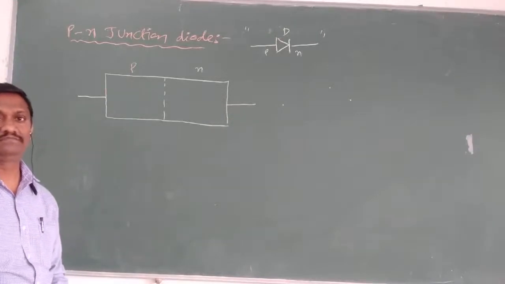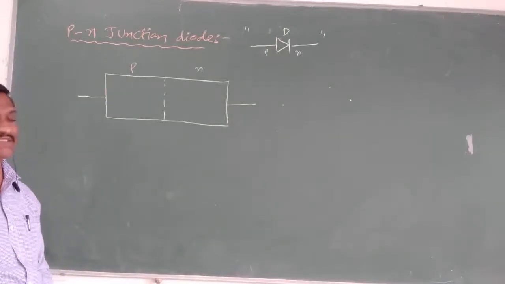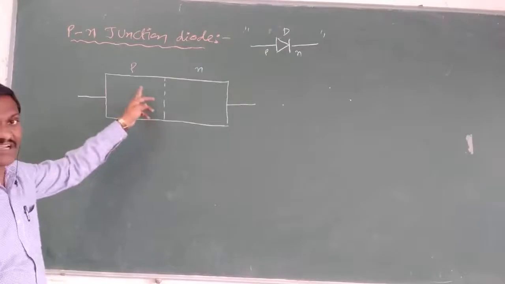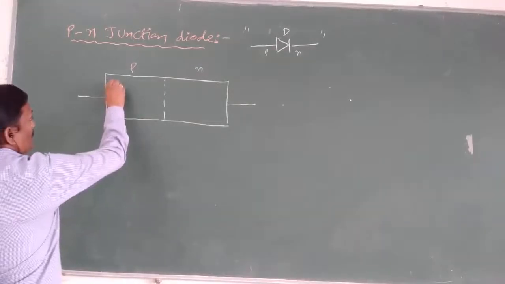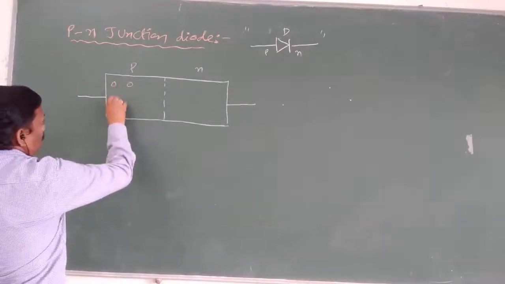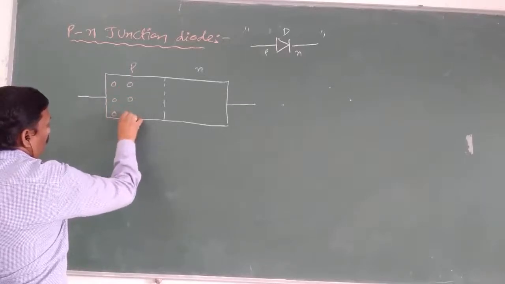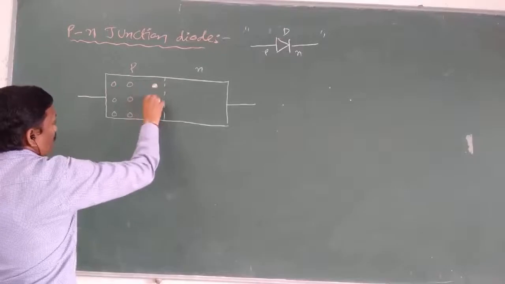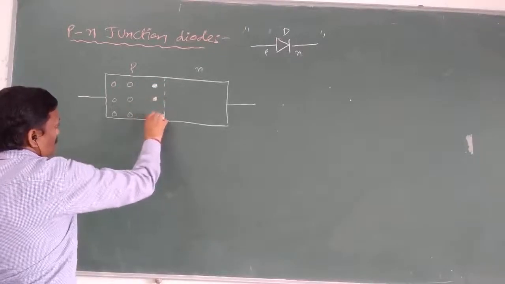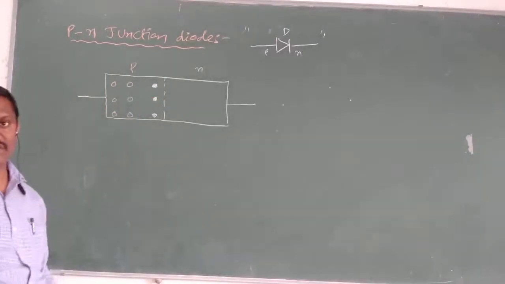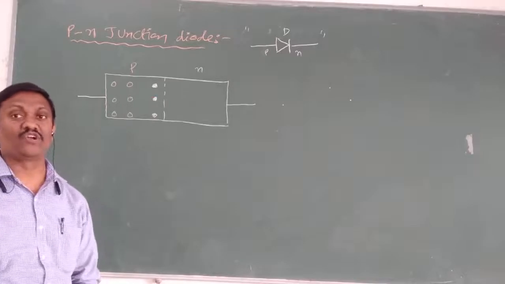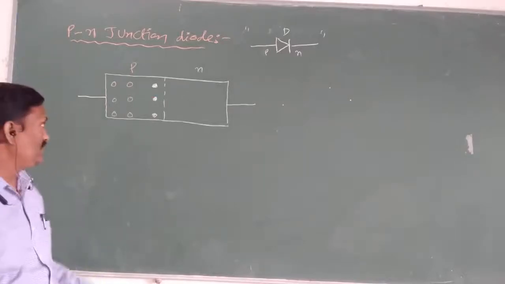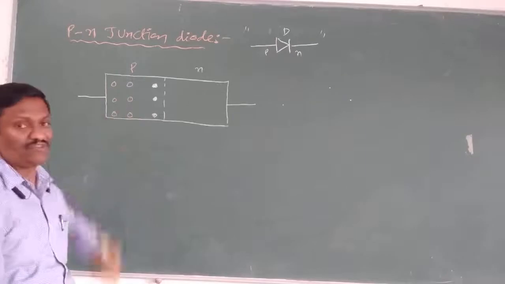Generally we know that in a p-type semiconductor, holes are majority carriers and electrons are minority carriers. The symbol for holes is a circle and the representation of electrons is a dot.